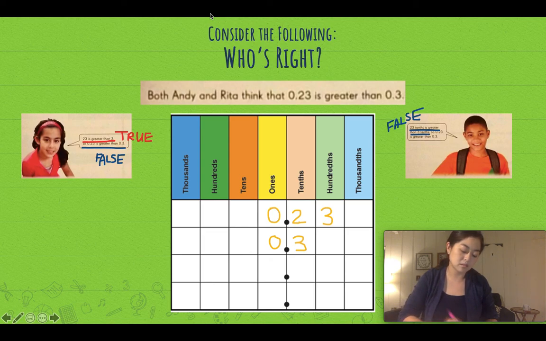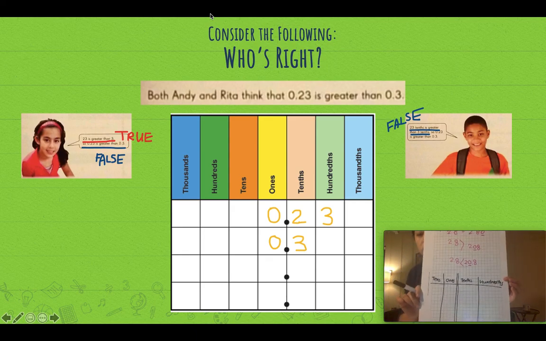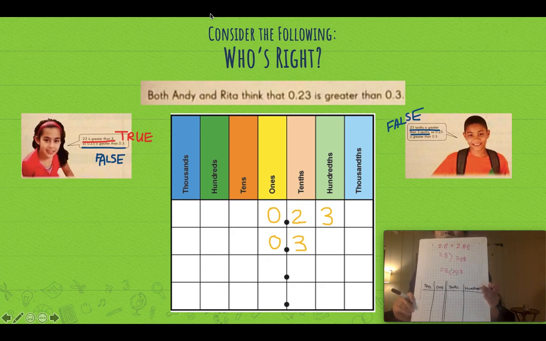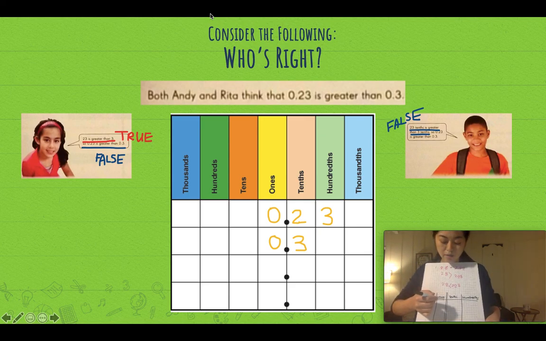Ones and tens. Okay, so underneath here, I drew a little place value chart. Okay, so the original number is 0.23, right? So 0.23, and this is 23 hundredths.